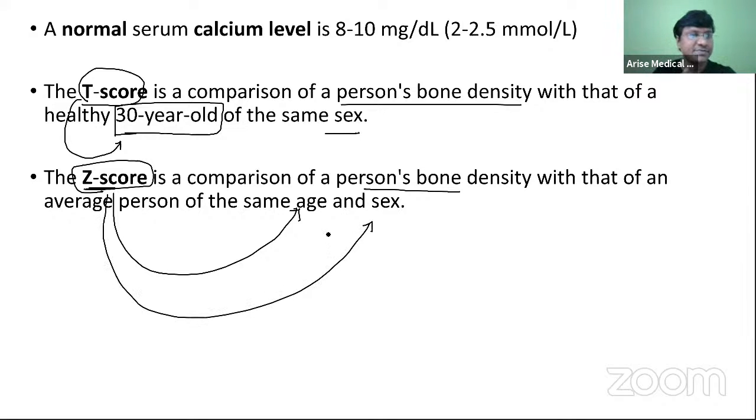That is the difference between the T-score and the Z-score. Between these two, the T-score is more useful in measuring bone density.